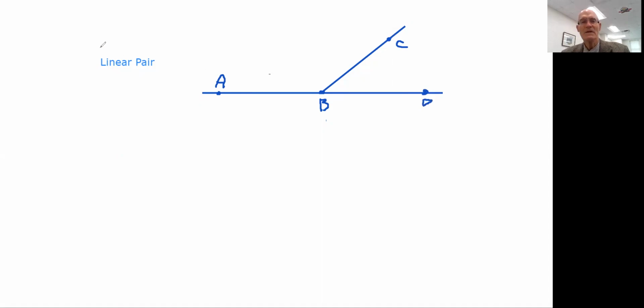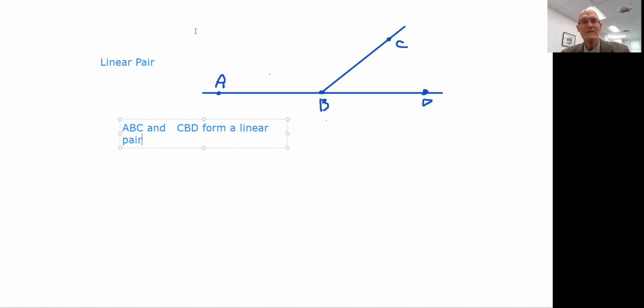Okay, now we can come over here and say that angle ABC and angle CBD form a linear pair.